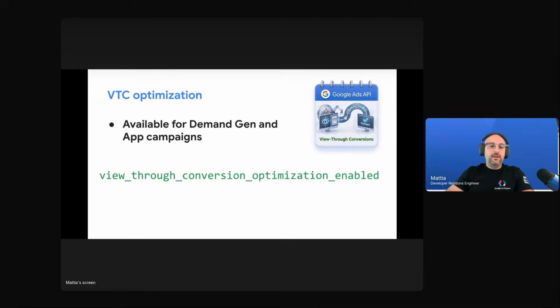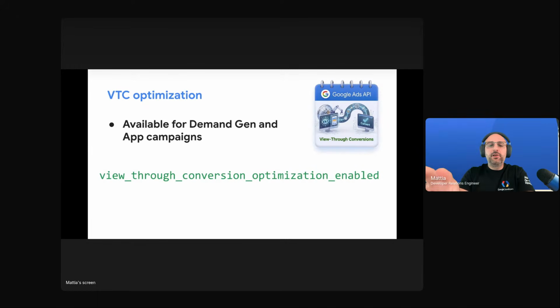It's a field in your demand gen and also in the app campaigns that allows you to enable the optimization for view through conversions. So a view through conversion is a conversion that happens when a customer views an ad but doesn't necessarily interact with it, so it doesn't click.